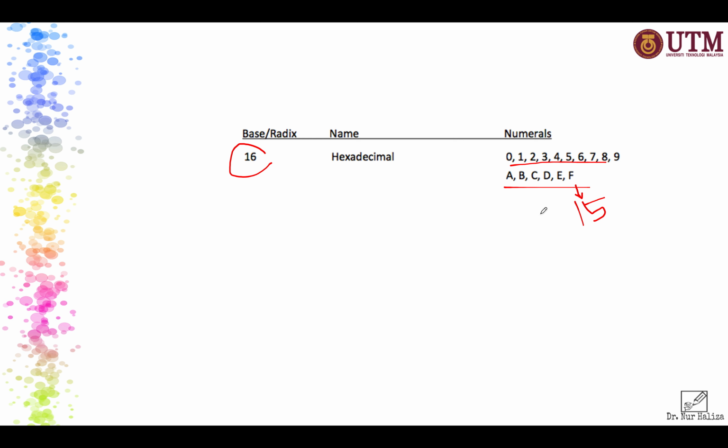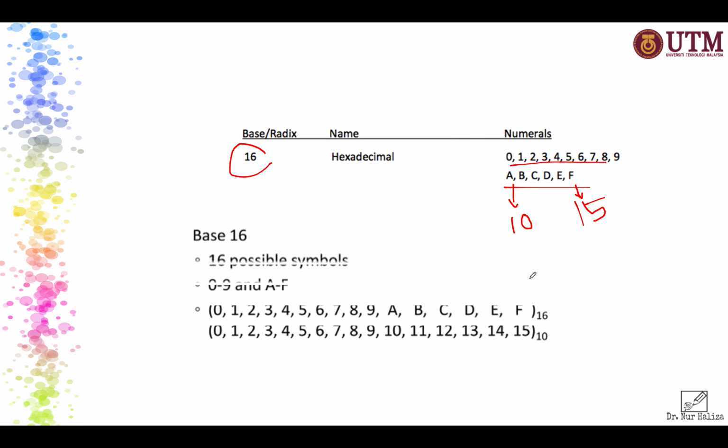So altogether you have 16 symbols in your hexadecimal numbering system. So 16 possible symbols or digits. You have 0 until 9, and you also have A until F. And this is the representation of decimals, and then these are the hexadecimal symbols.